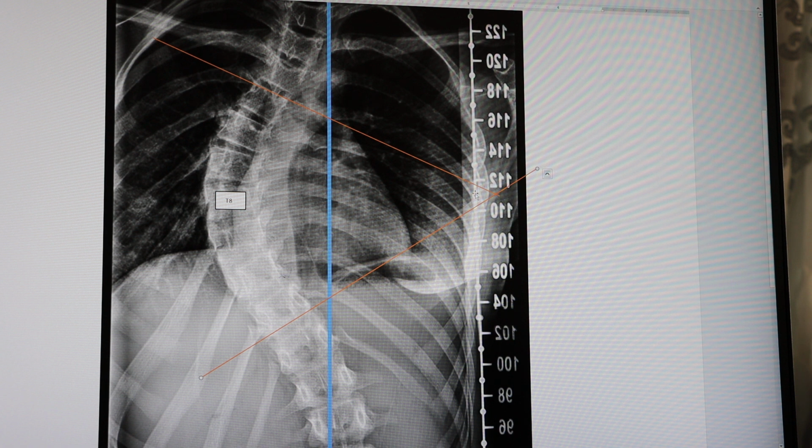So we are adding more and more to a proper identification of what we can see. So these are the most relevant and important and first steps in identifying a scoliotic curve.